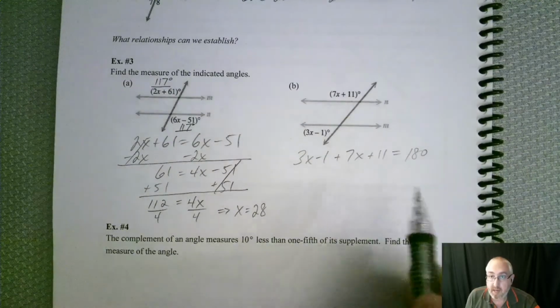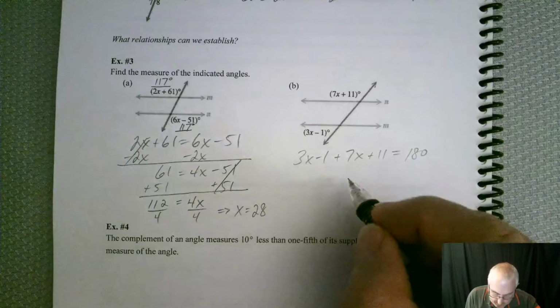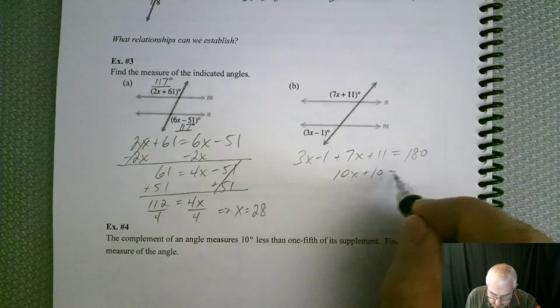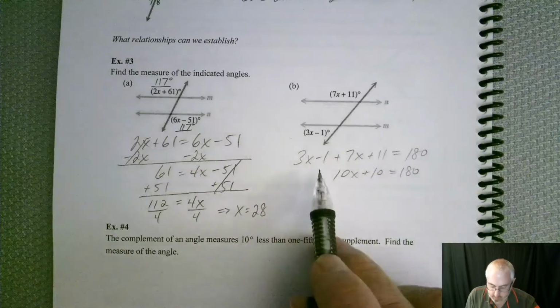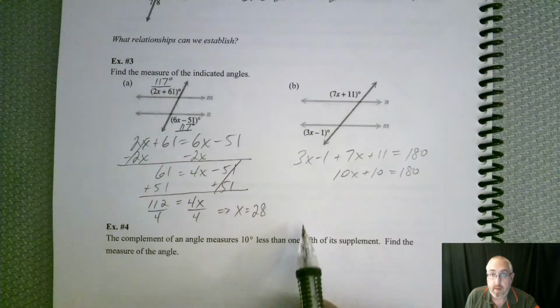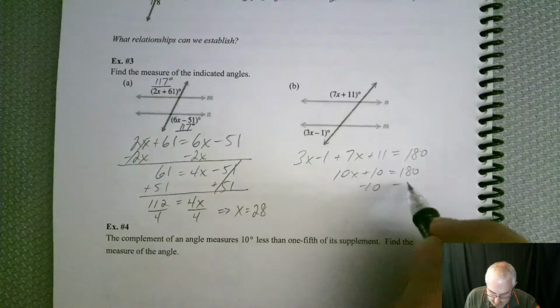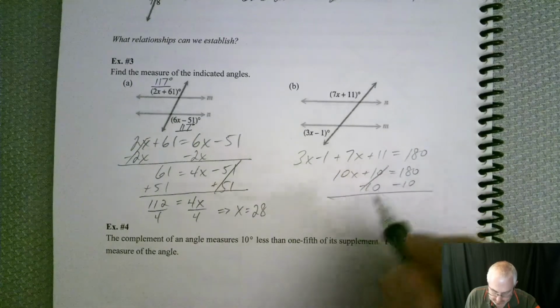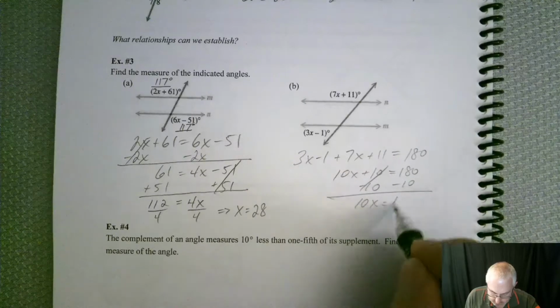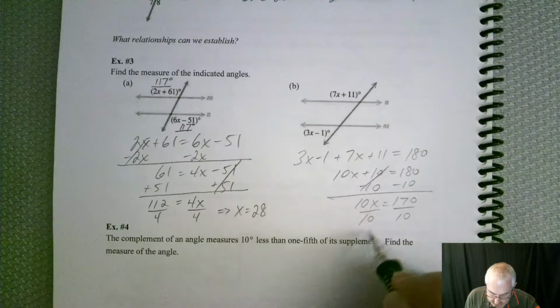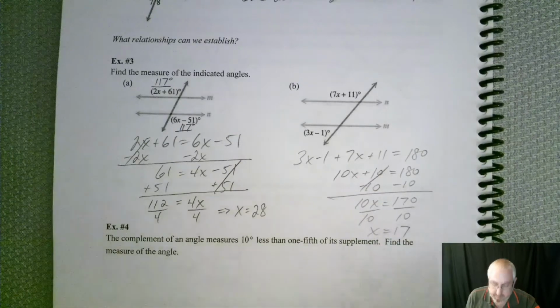Add them up and set it equal to 180. It looks like we get 10x plus 10 equals 180 once we combine our values. Now we can lose the 10, so we have 10x equals 170. So x equals 17.